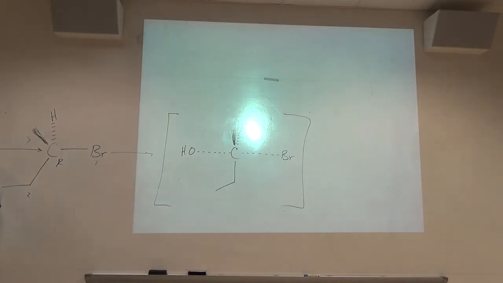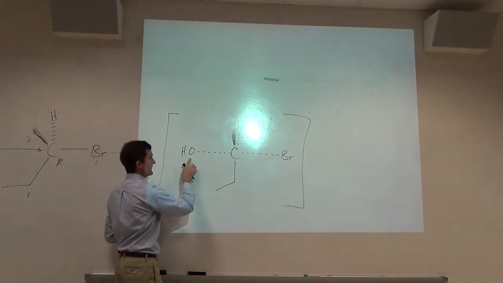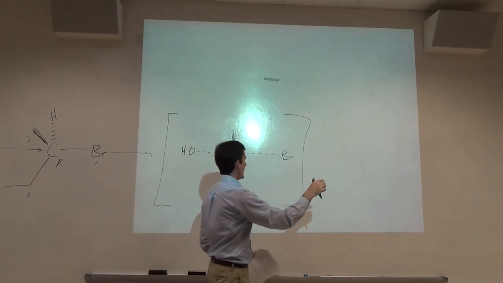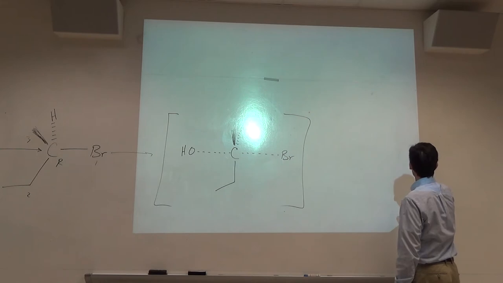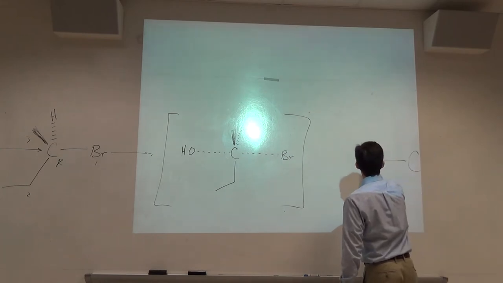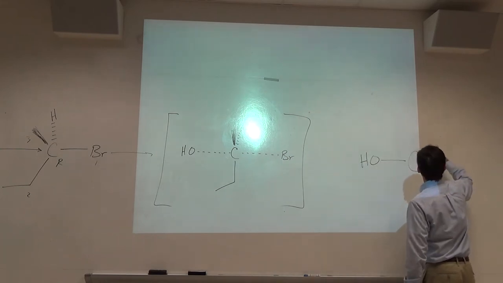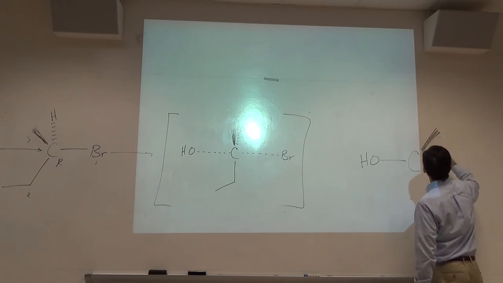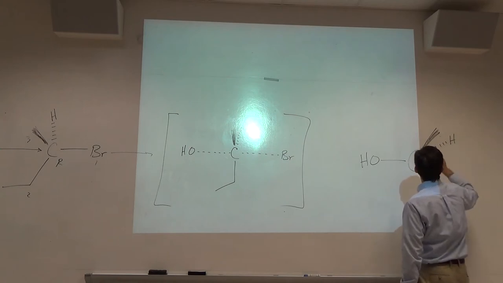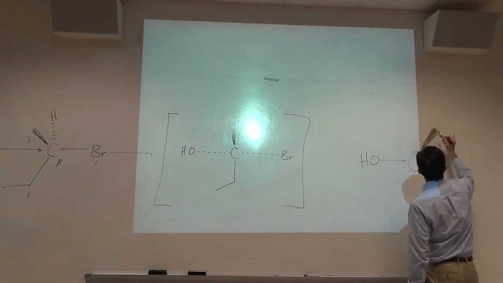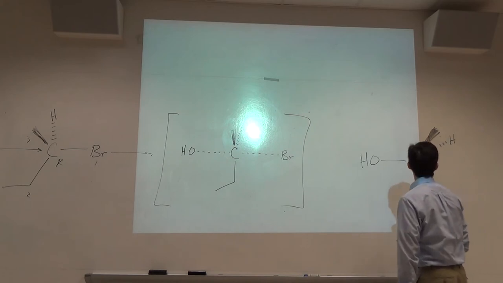Hydroxide is minus here. What's the charge of the hydroxide here? Let's draw the final product. Final product is going to have carbon with OH, that and that.